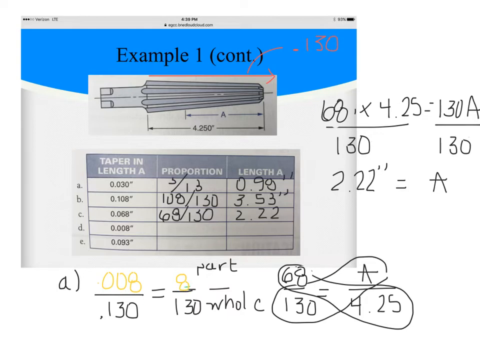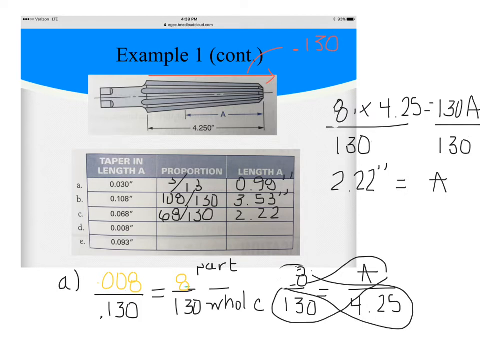It's a very small fraction of the total amount of taper, which means it will be a small fraction of the total length of the reamer. So we're going to take that 8 over 130 and set it equal to the part over the whole in terms of the length, which is again A over 4.25. If we cross multiply, the 8 is multiplied by the 4.25, and the A is multiplied by the 130.